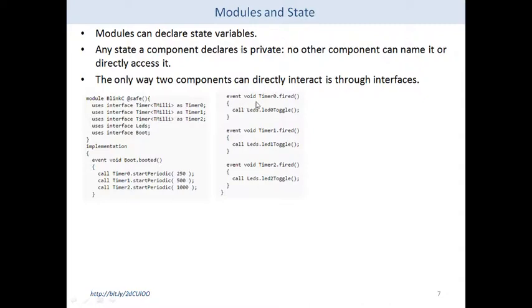In the second event, timer 0 is fired, and on the firing of timer 0, it will call the Leds0 toggle function of the Leds interface. Whenever the event is fired, it will toggle the LED. If it is on, it will turn off, and if it is off, it will turn on. Similarly, timer 1 will handle LED 1 and timer 2 will handle LED 2. So we apply 3 timers on 3 LEDs in this BlinkC module.